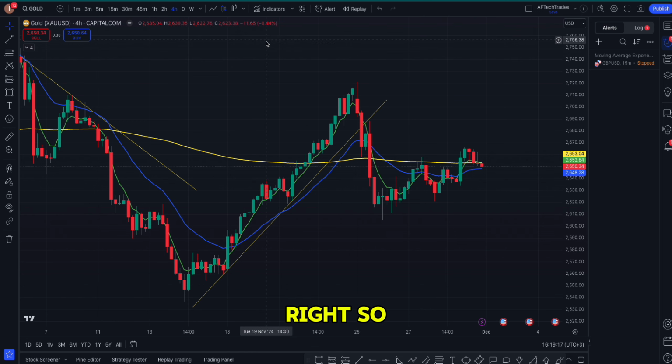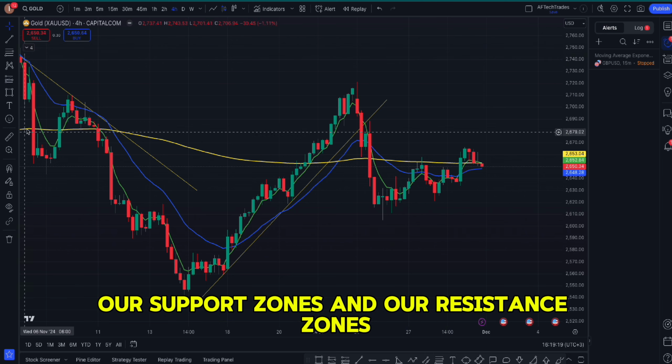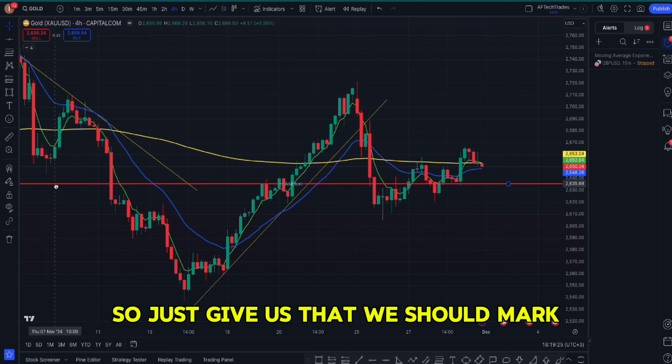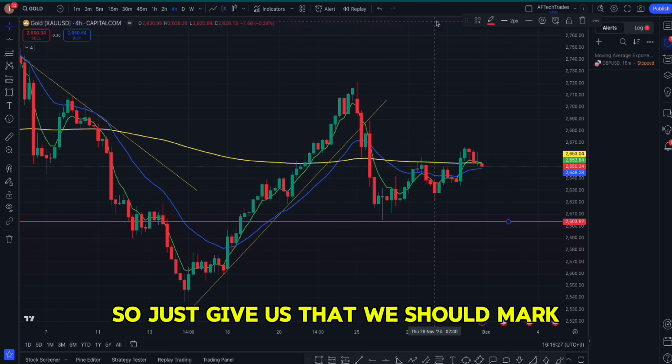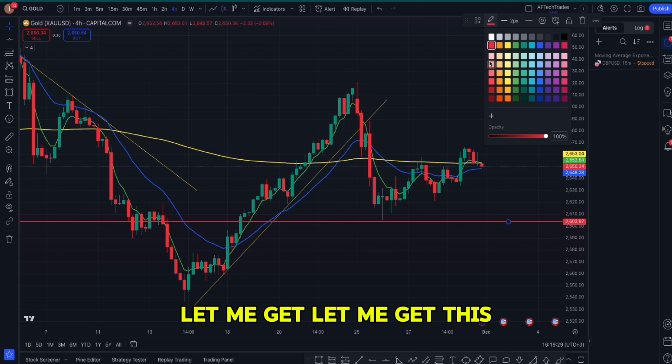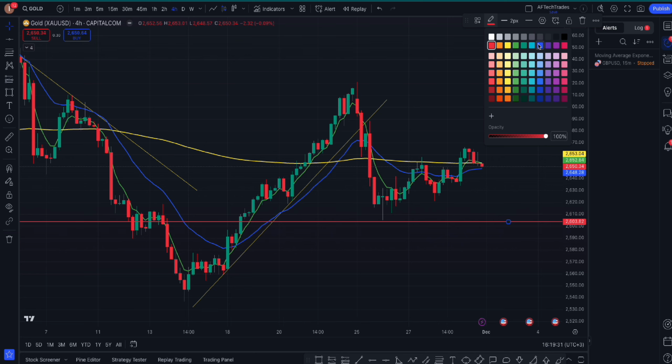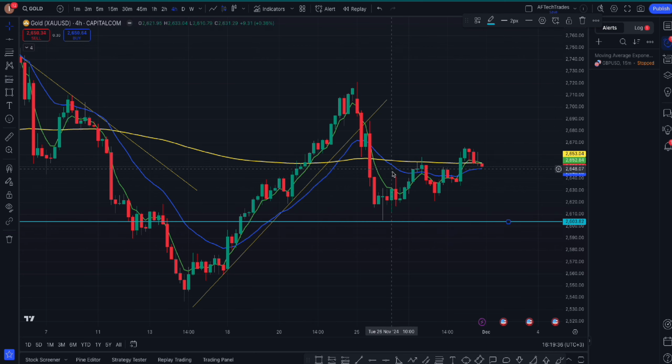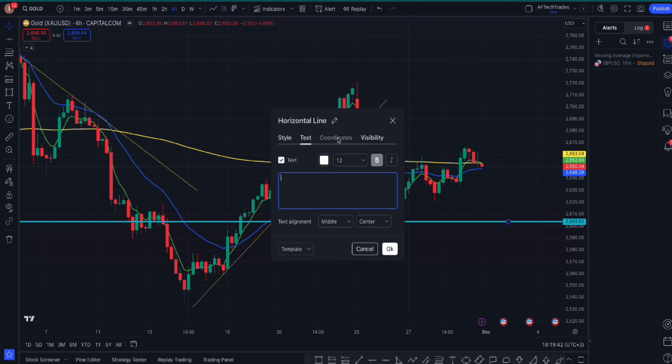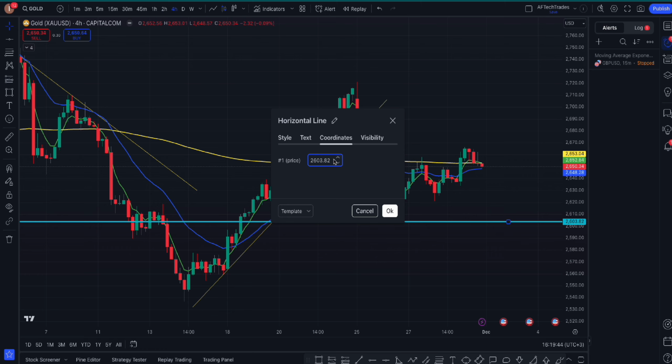ChatGPT gave us where we should mark. Let me use this color. I'm taking it so that it will be very bold. Let's go to settings and coordinate it to what ChatGPT asks us.